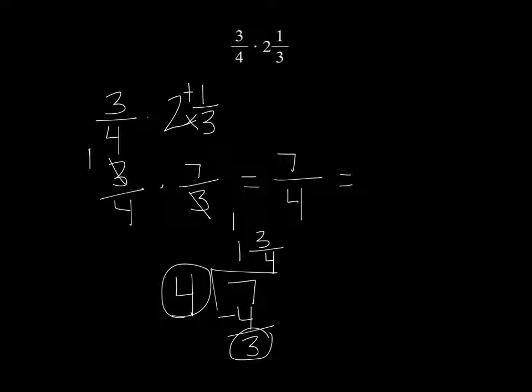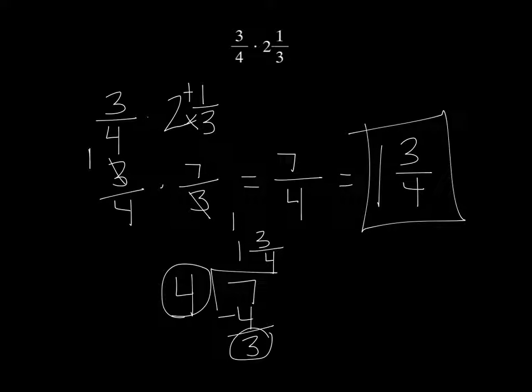Another way I could do that is I would say 4 goes into 7 one time, and there are 3 left over, and it's out of 4 pieces. But anyways, 1 3/4. When in doubt, divide the top by the bottom to change your improper fraction into a mixed number.